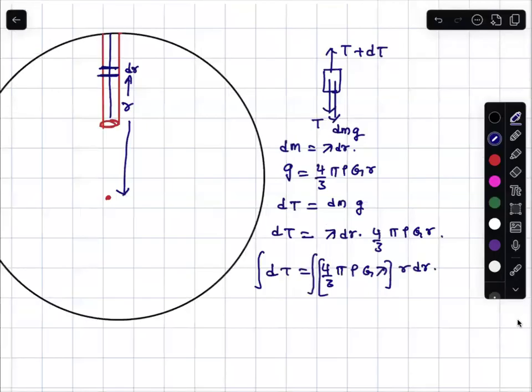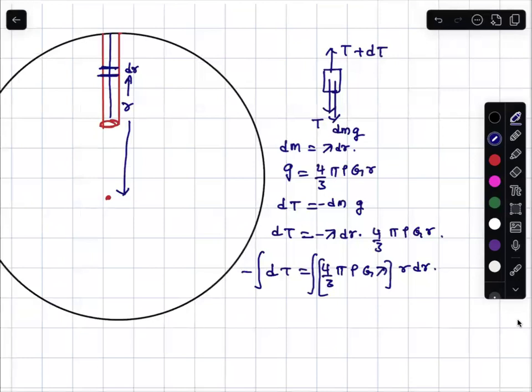As you go down, tension becomes zero. You are moving in the decreasing direction of r. So therefore, you should not leave it like this. You should leave it with a minus. Can you please tell me why I have taken a minus sign? Because as you are decreasing r, tension is also decreasing.